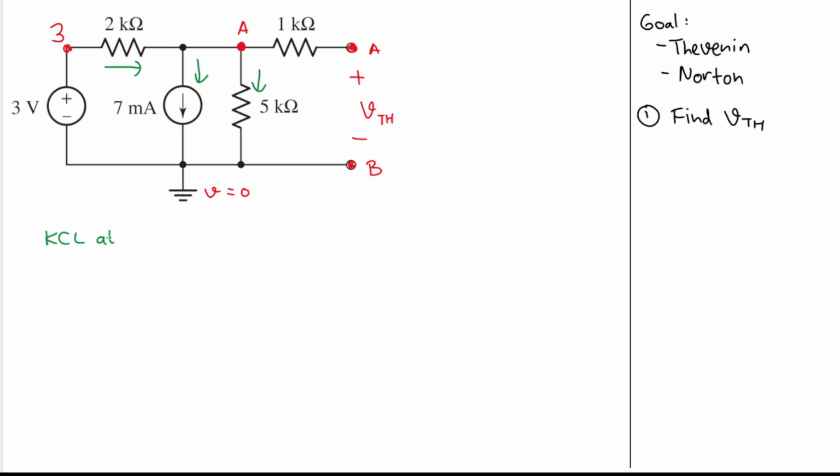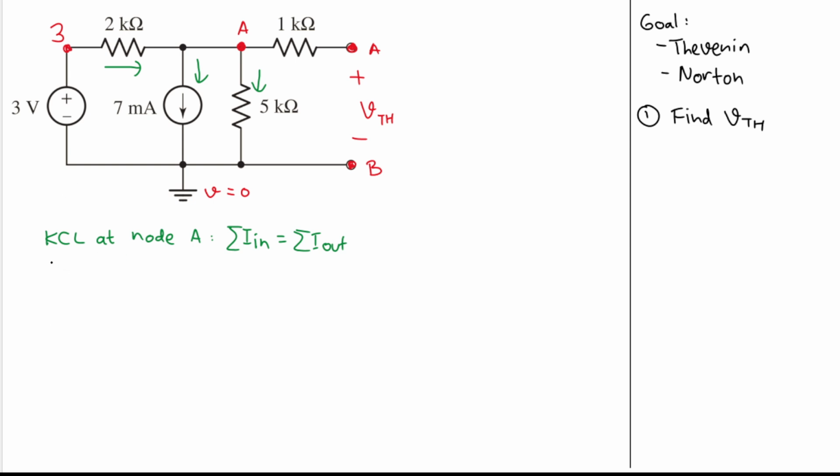KCL at node A. What does KCL say? KCL says that the sum of the current that goes in equals the sum of the current that goes out. Okay, let's see here. The only current that goes in is this one, but we can calculate this current using Ohm's law, right?